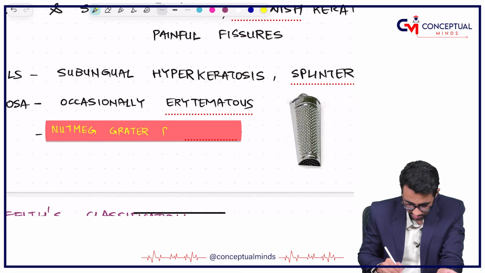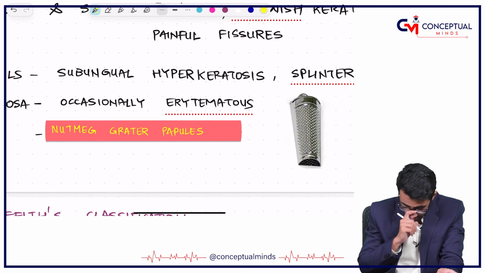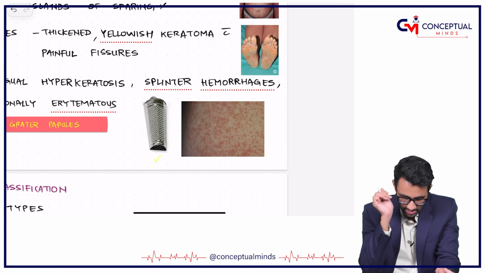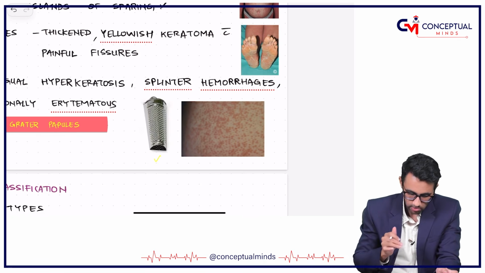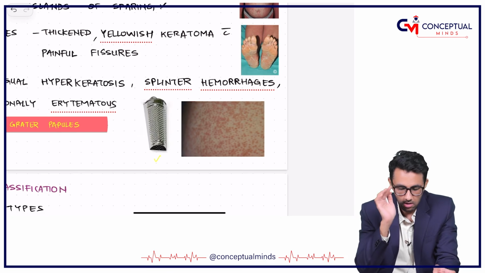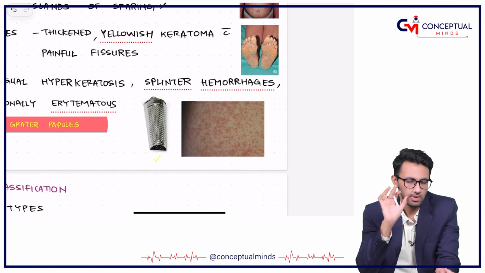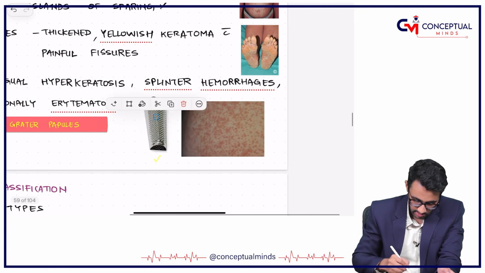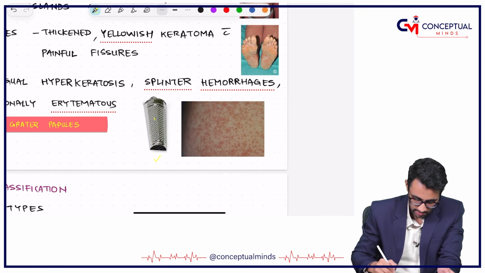So we have this nutmeg grater over here. One of the things I would like you to see here is to compare both of these two images. Now you will know and you will remember it very clearly. Both of these two findings, that nutmeg grater, this device, and the appearance.